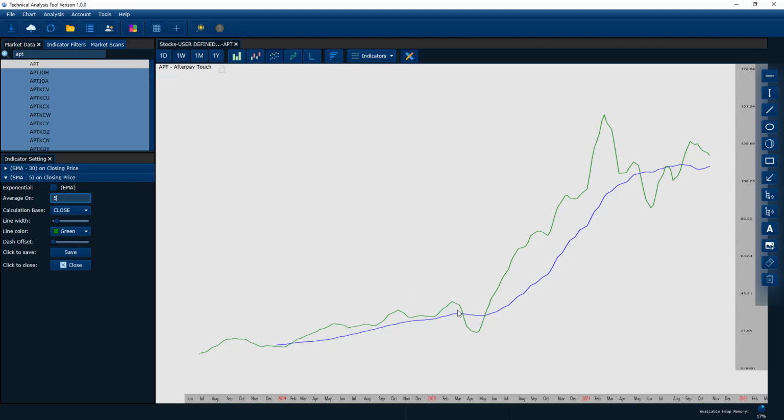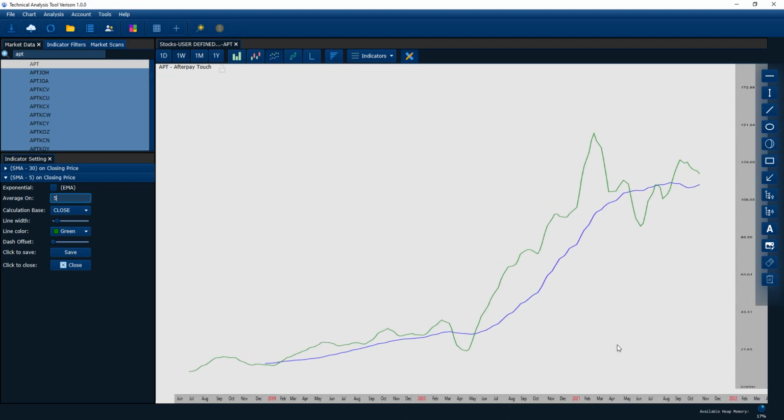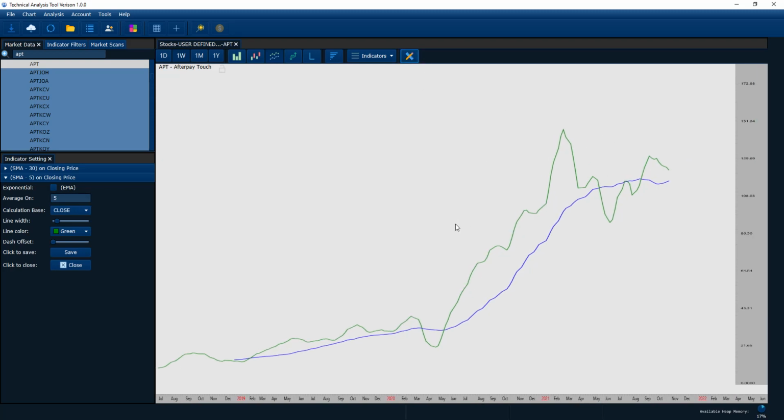So you have a faster and a slower moving average. When the faster moving average crosses over the slower moving average, people buy. When the faster moving average drops and crosses down below the slower moving average, people sell.